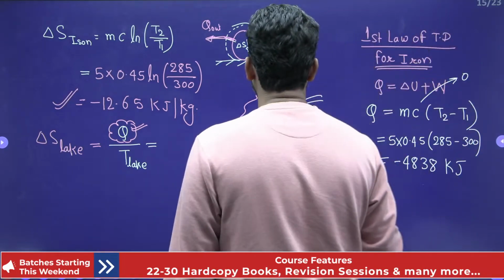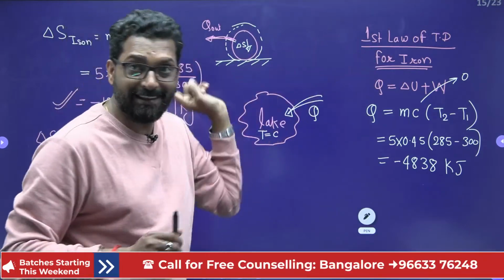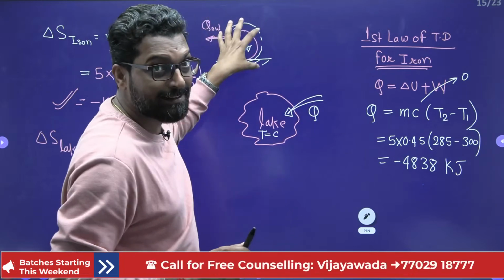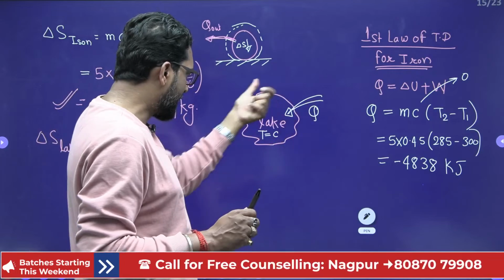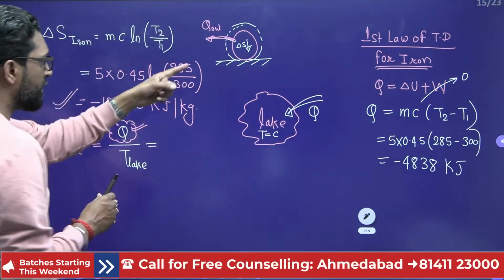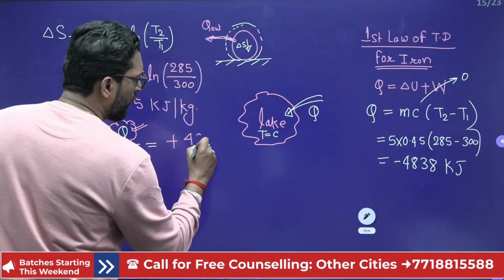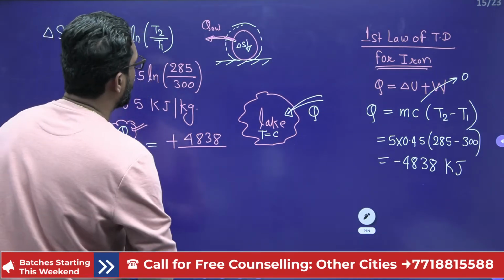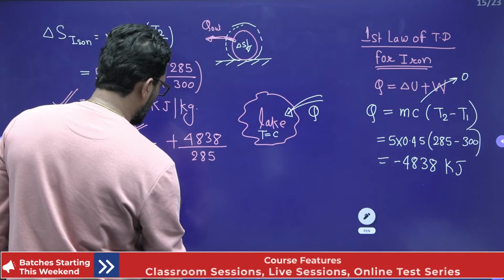Why minus? Because we have to find the heat transfer with respect to iron as a system, and from the iron heat goes out, so it is negative. But if you take the lake as the system, heat will come in, so instead of negative it will be positive: plus 4838 divided by the boundary temperature, 285.